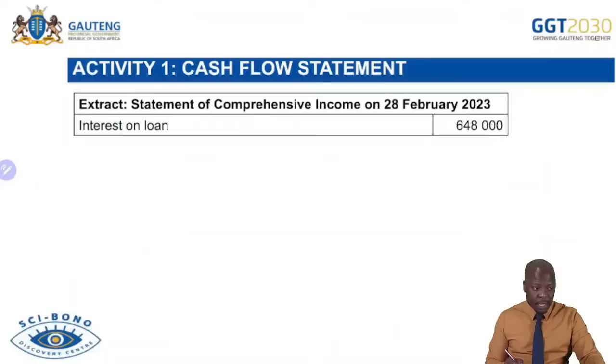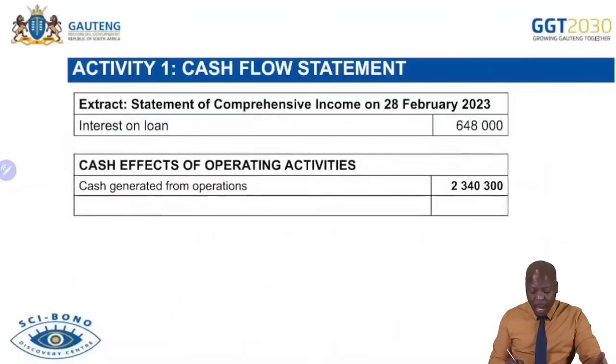The next information that then follows says interest on loan. All right, so remember we are preparing the cash flow statement, and what we have is interest on loan. And you have to know your cash flow statement that it is split into 3 parts.